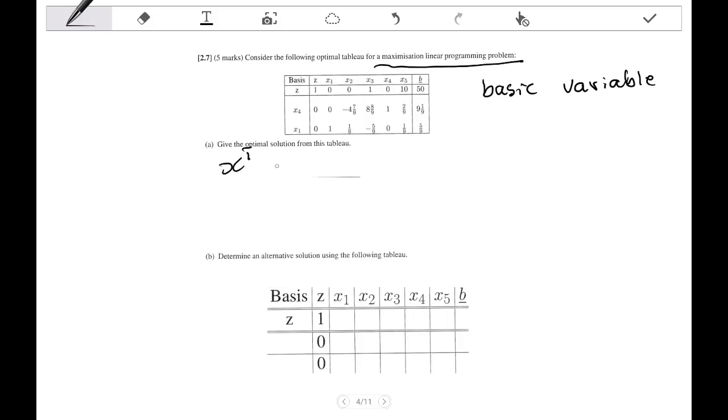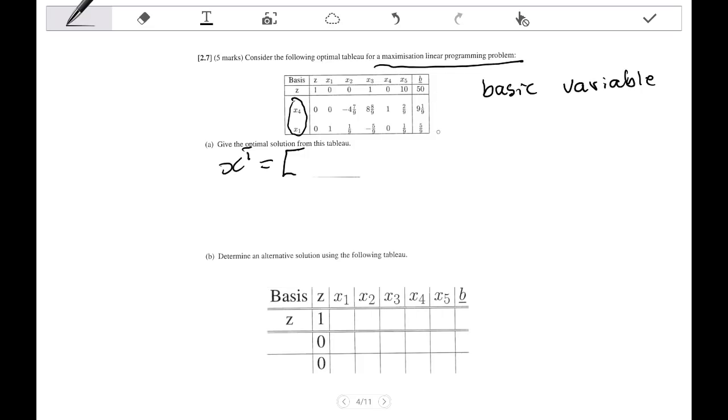So here you have x transpose equals open bracket. You just read from your table. From here, our solution is 9 multiplied by 1 over 9 and then 5 over 9. So if you can read the solution here, this is the solution. The x1 is there, but x2 is not there.